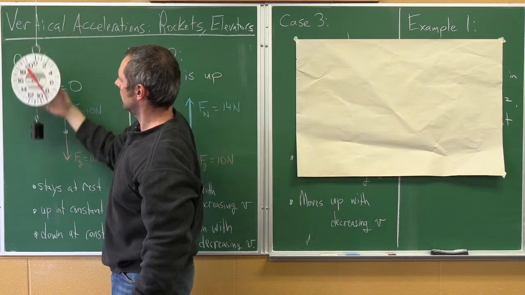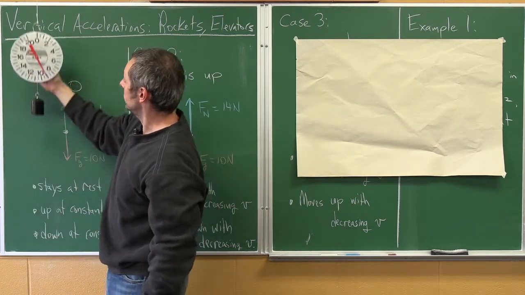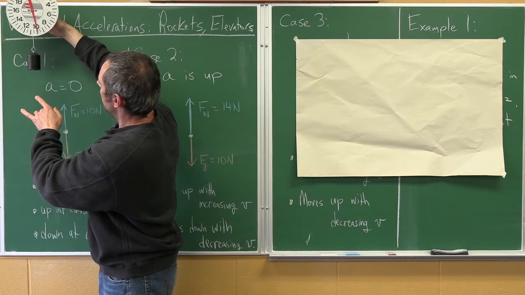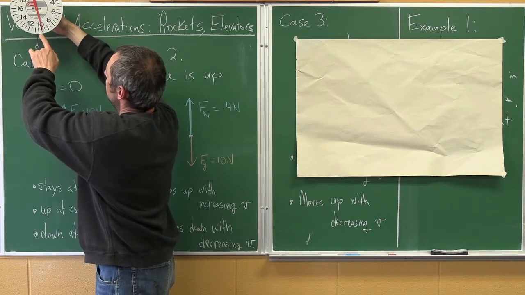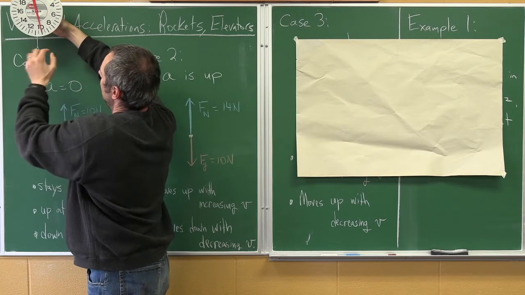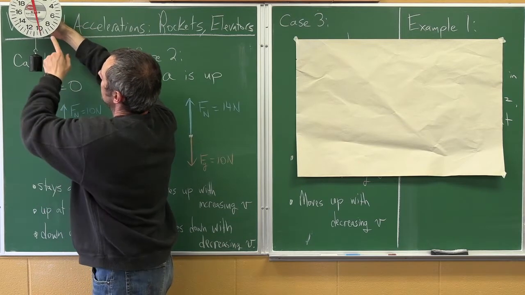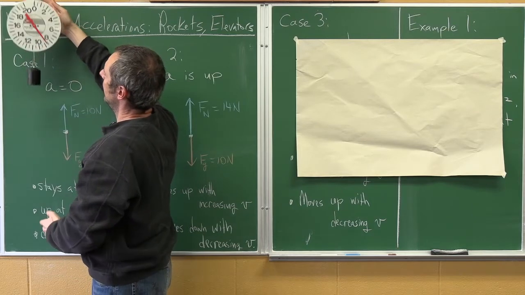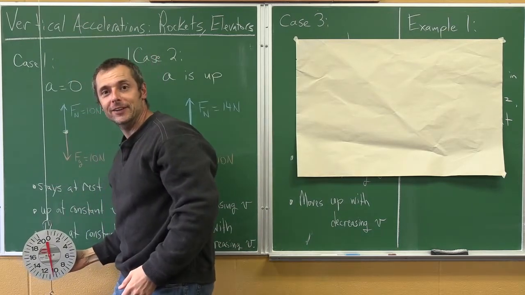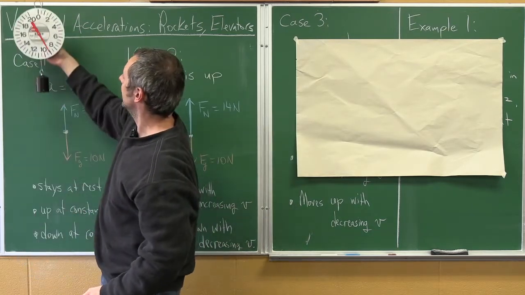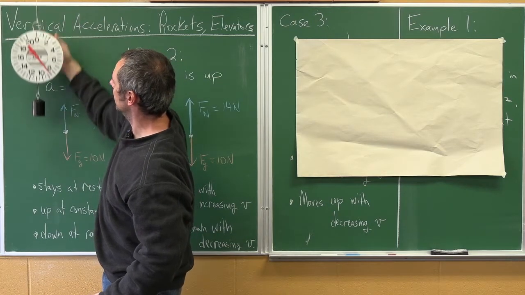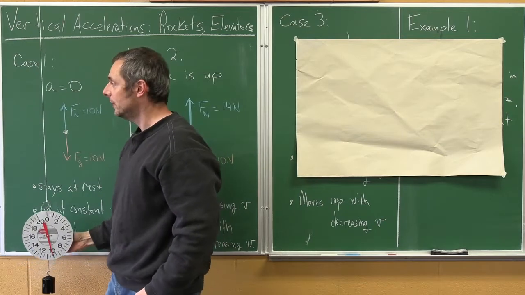Less than 10 newtons to let it accelerate down. Watch this. See that? To keep it at rest, 10. But when I let this go, the upward string will only pull 9, and the Earth still pulls down 10. So with 9 up, 10 down, we've got 1 extra down, and we've got acceleration down. So watch that again. Watch it drop to approximately 9, and then it falls downward.